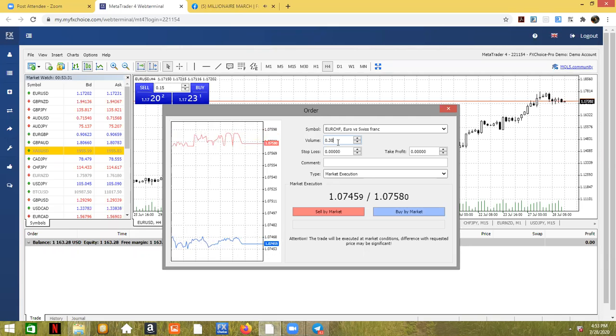So if it moved up 10 pips, $3 per pip times 10 pips, that's $30. Remember, where we are now, 30 cents to us traditionally, but it's 0.3 in lot size, that's $3 per pip.